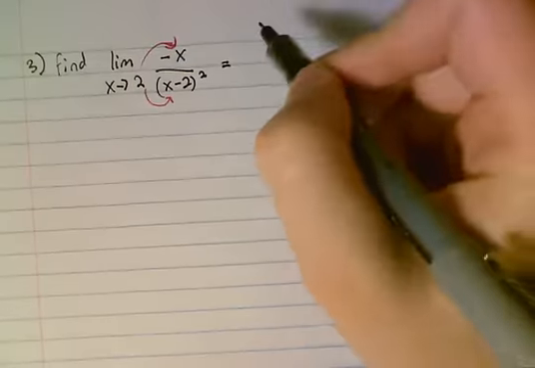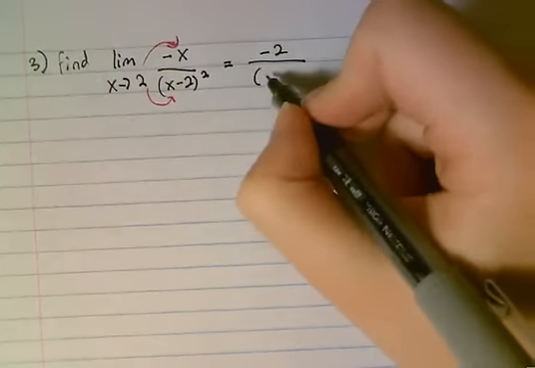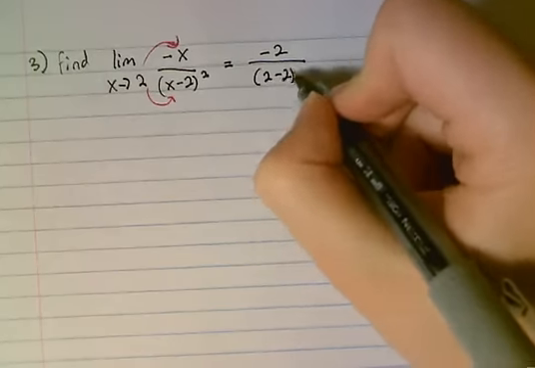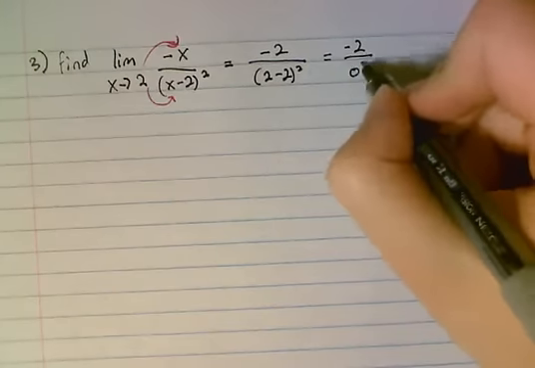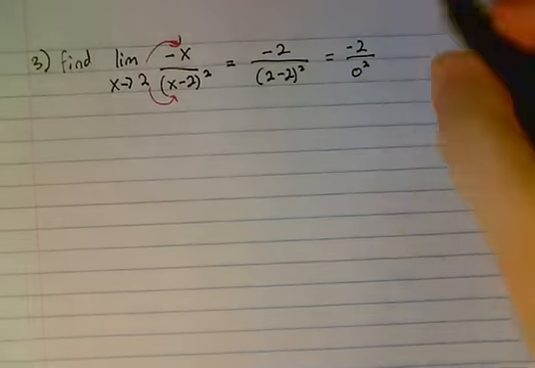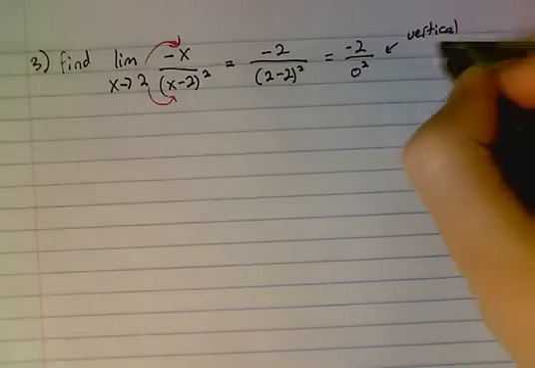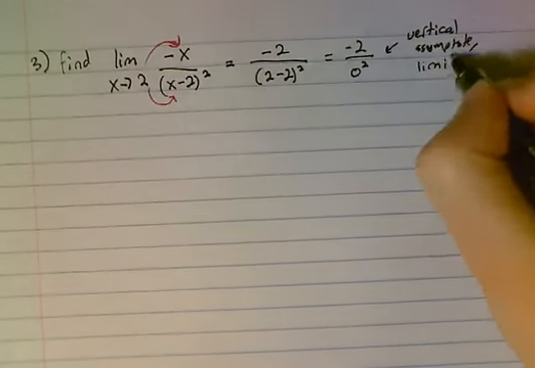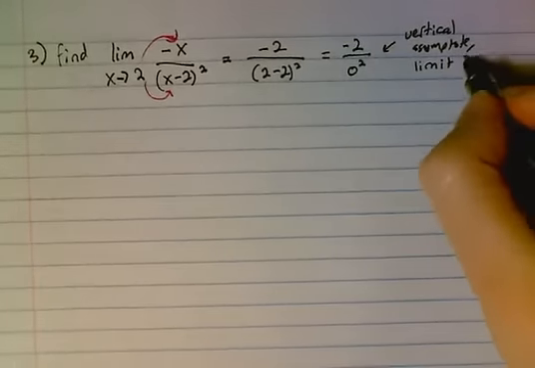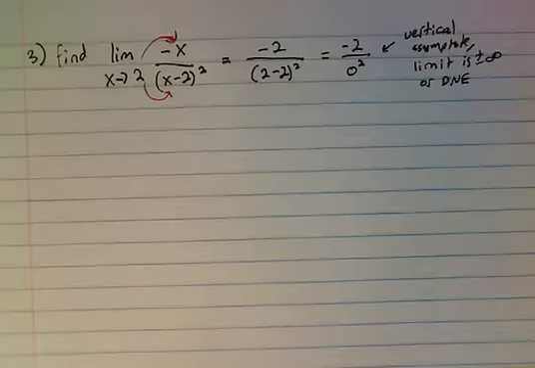Yes, we do have to plug in every time because while in this lesson you know what the outcome is going to be, you don't know when you're doing the actual problem. You have to figure out which of these strategies to use. 0 squared is just 0, so that means we've got a vertical asymptote. The limit must be positive, negative, infinity, or it does not exist.